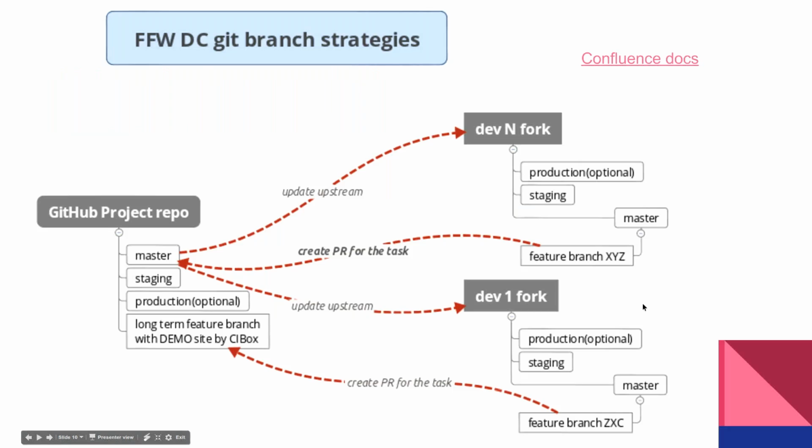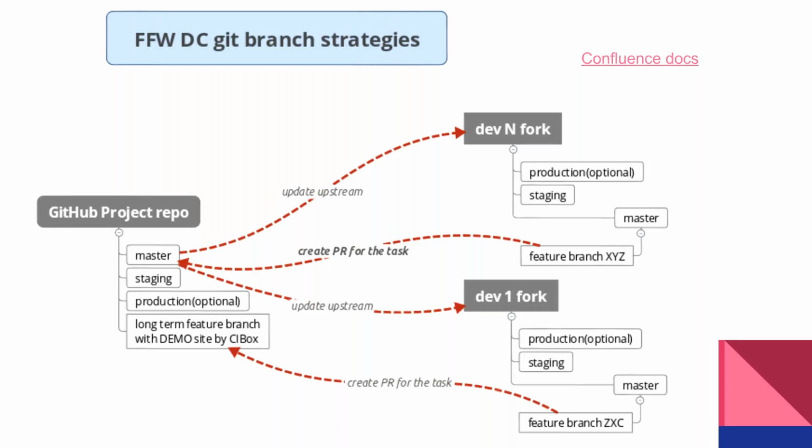So here is a scheme of how it looks. I've posted here the link to the Confluence docs. This presentation is going to be shared after the video is recorded. So here you can see how it works. Every developer has their own fork of the main repository where all the work is happening.